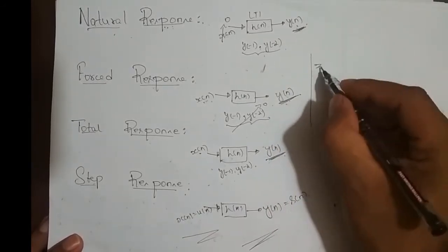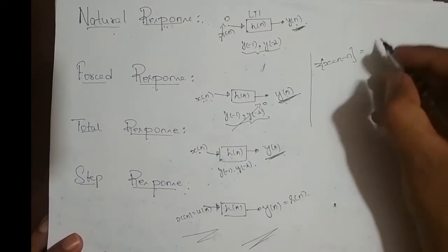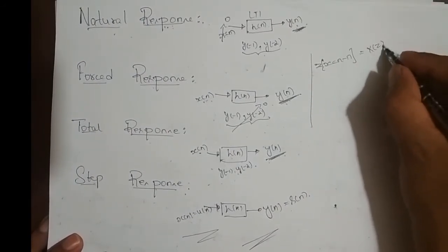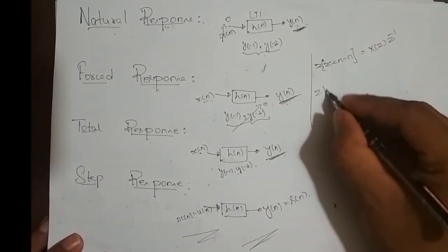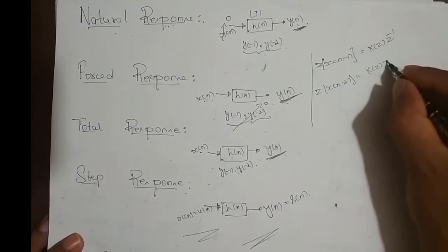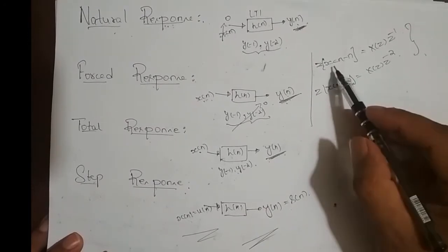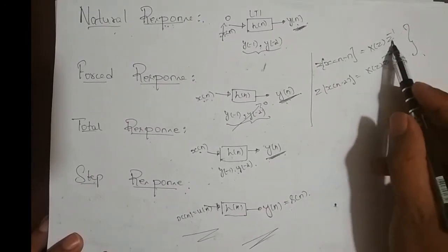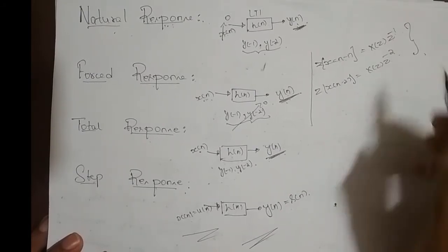What is the bilateral Z transform of x of n minus 1? It is X of z into z power minus 1. It is the time shift property. The Z transform of x of n minus 2 is X of z into z power minus 2.